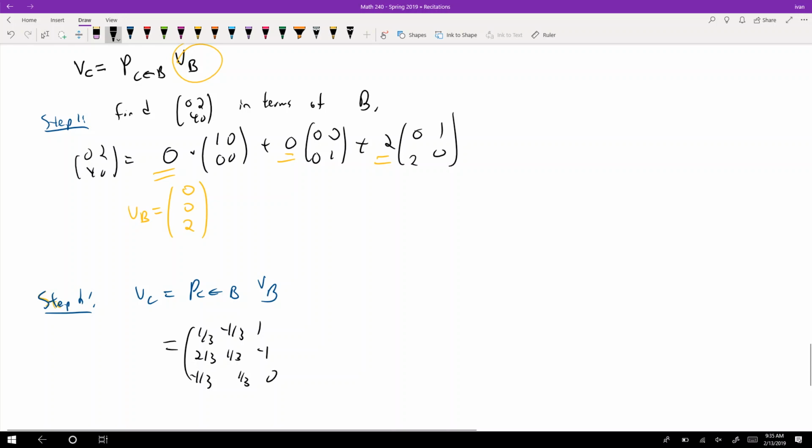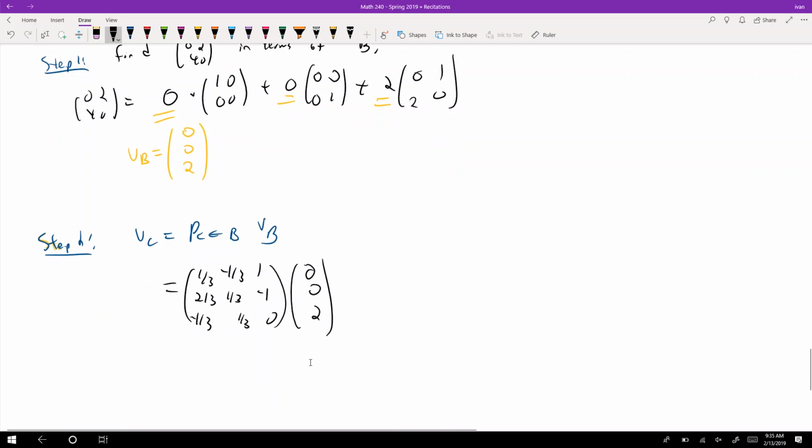Just making sure I have the right change of basis matrix, because I have a negative sign on one of them and not on the other one. Okay, just a copying error. And then, what is VB? VB was 0, 0, 2 that we found above. So if we multiply this out, VC is 2, negative 2, 0.